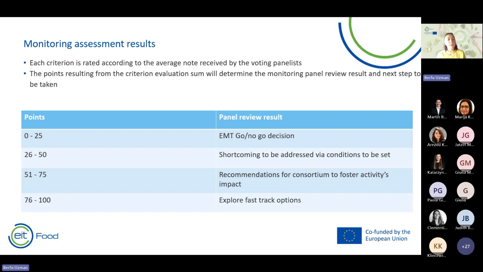When you sum them up, if it falls between 0 and 25, it needs an EMT decision, go, no go. 26 to 50 means shortcomings to be addressed, probably with some conditions to be set. 51 to 75 means recommendations for the consortium to foster their project's impact. 76 to 100 is to explore fast track options, because there might be some projects that are really performing well and there might be some chances to fast track them.